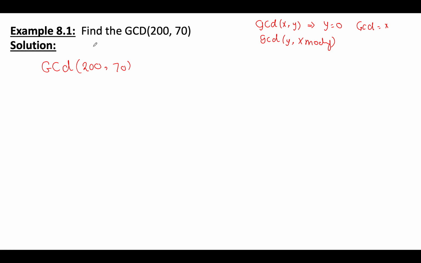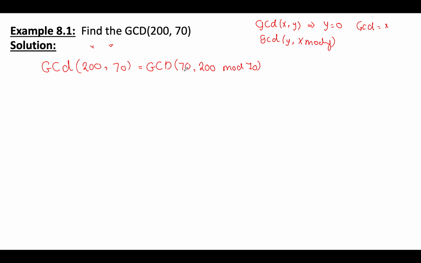Now, from here, we have the question as GCD of 270 and 200. We can see here this is x and this is y. Y is not equal to 0. Then we can have it as GCD of 70 and 200 mod 70.